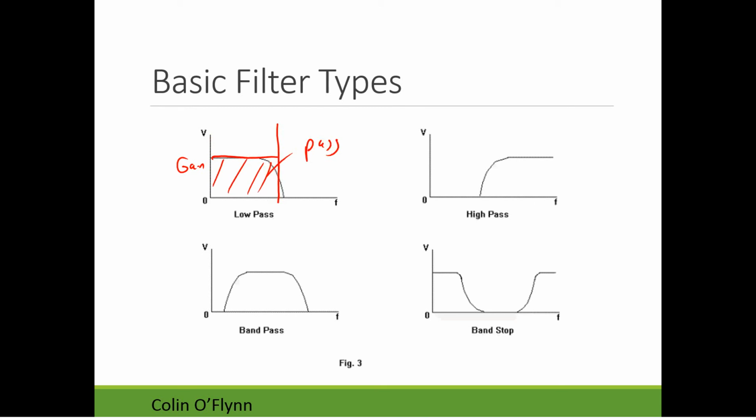Above some frequency, it rejects, so it attenuates your signal strongly. The flip side is the high pass, which is to say low frequencies we want to ignore, high frequencies we keep. Band pass, which is to say we keep frequencies within some band, it doesn't have to be narrow, but some band. And band stop is we reject within some frequency band.